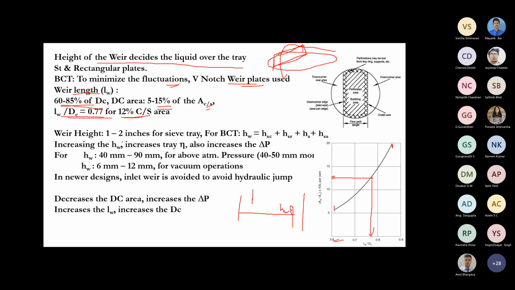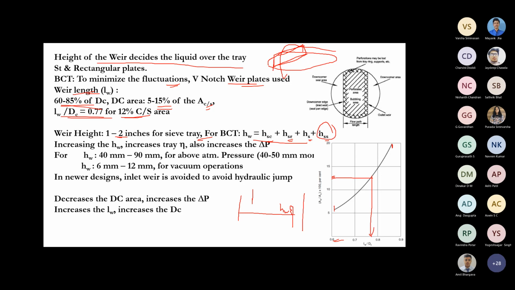Okay. So the weir height is normally very small for sieve tray columns. It will be around 1 to 2 inches. But for a bubble cap column, as I said, you have to calculate this HW, which is equal to HSC, that is skirt clearance, plus HSR, the slot height, plus the static submergence. I said this static submergence HSS is a function of operating pressure.